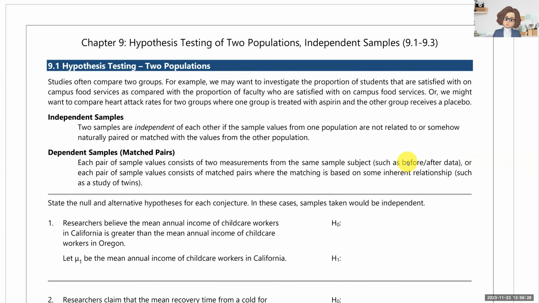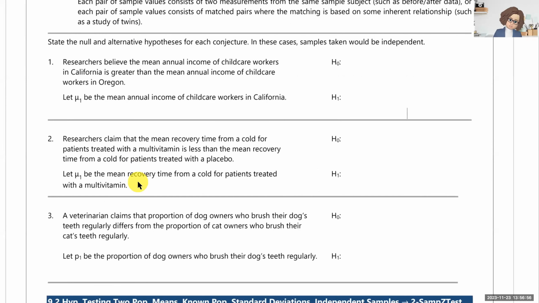So we could have before and after data, like a person's cholesterol before starting a new diet, and then their cholesterol after. So those two measurements would be linked. Or we could do sample values of matched pairs where the matching is based on some inherent relationship, such as studying twins.